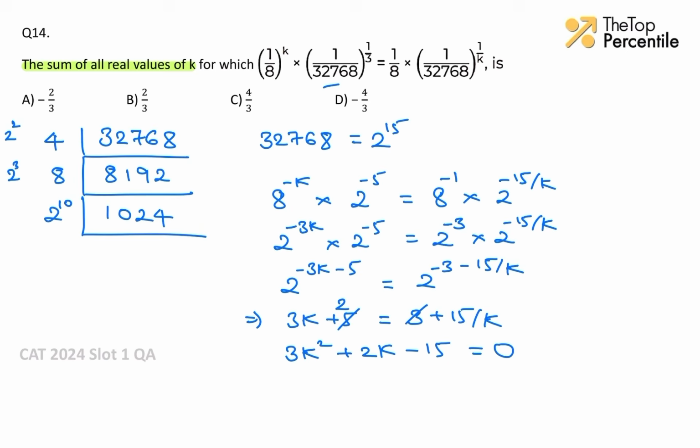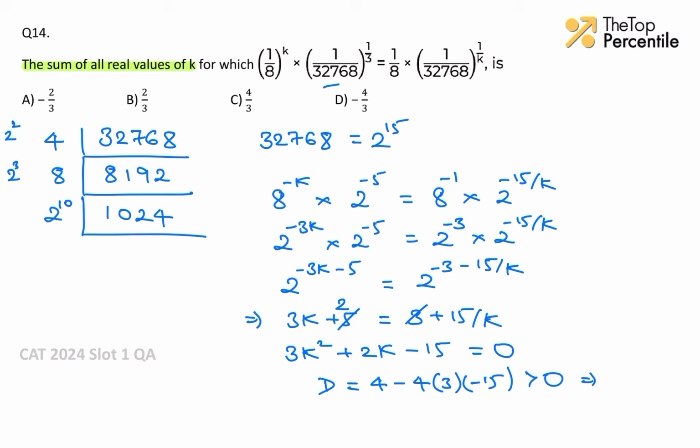So let's find the discriminant here. Obviously it's pretty visible that the roots are real because the discriminant is positive. Let's do that. D will be b square minus 4ac. So obviously this is greater than 0.